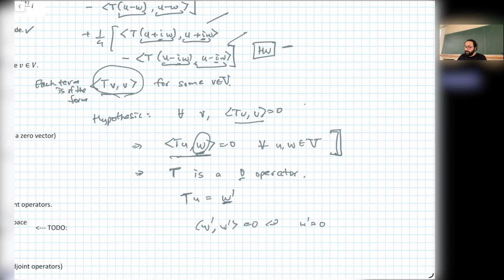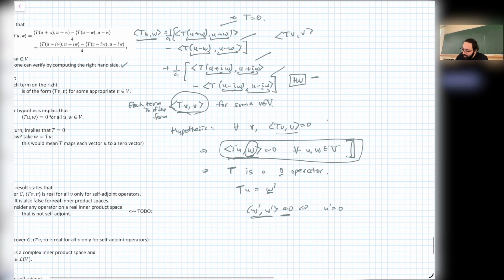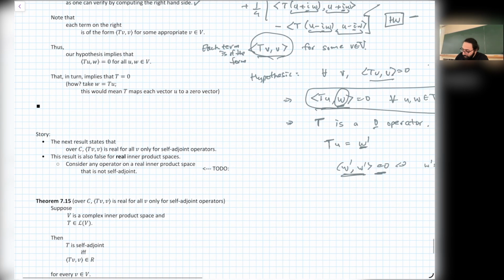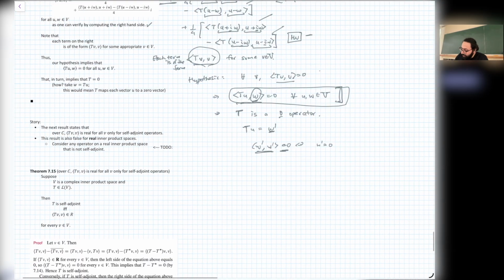You don't know what the vector is, but the expression above tells us that this inner product would be 0 for all w vectors. In particular, it would be 0 if you take w to be w prime. So if that gives you 0, what does that mean? Is the argument fine? Okay, fantastic. Great, let's continue on.